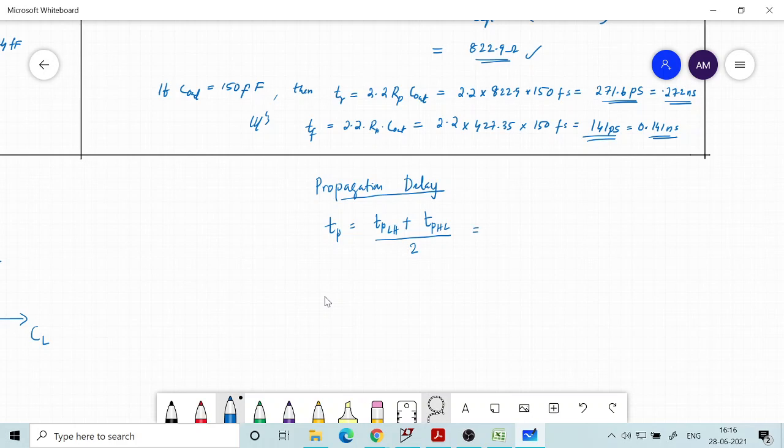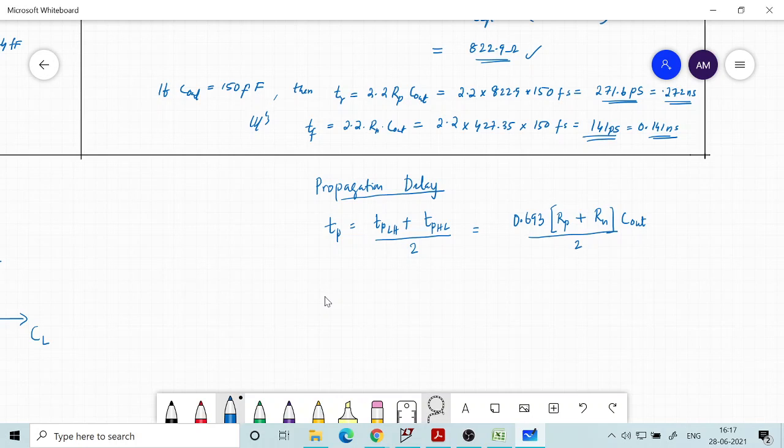Tp_LH we got as the low to high transition, that is the charging time, so 0.693 into R_p C_out. Here for the ring oscillator we are not connecting any load capacitor, only the parasitic capacitor, so it will be C_FET only. So we can take that out: (R_p plus R_n) into C_out.